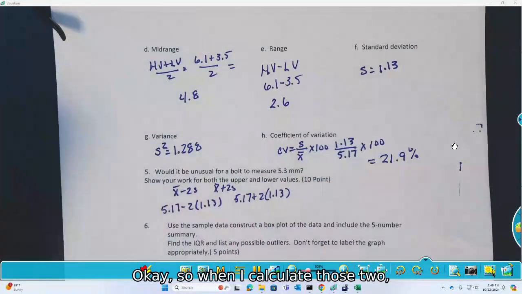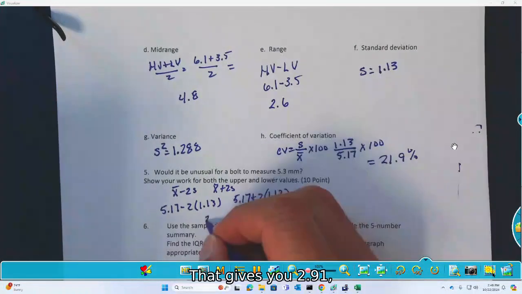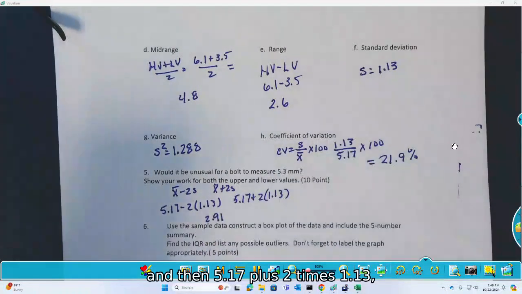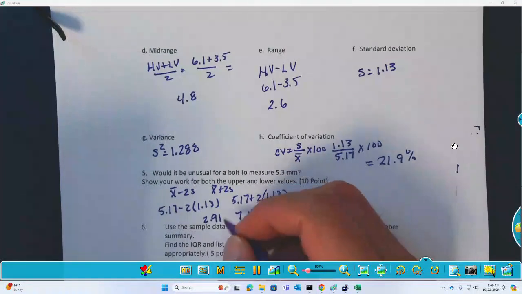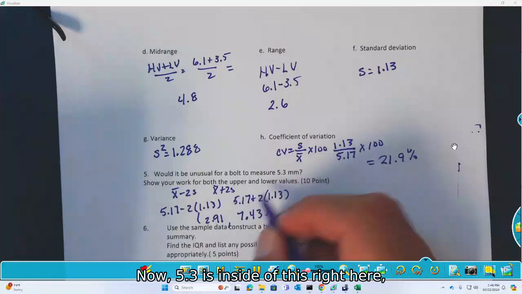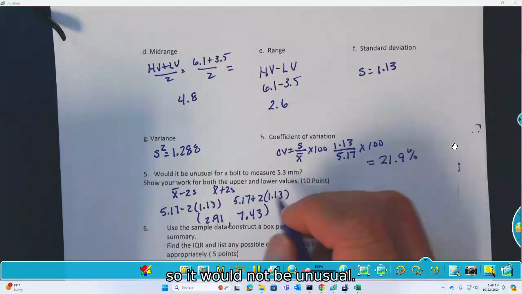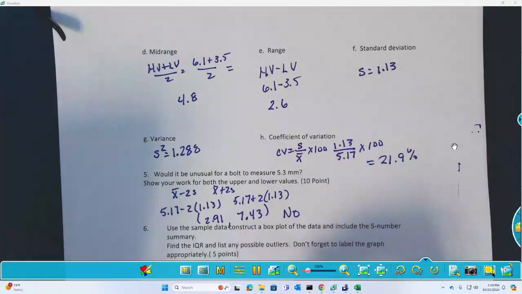Okay, so we're going to calculate those two. 5.17 minus 2 times 1.13 gives you 2.91. And then 5.17 plus 2 times 1.13 gives you 7.43. Okay, so you're going from here to here. Now, 5.3 is inside of this right here, so it would not be unusual. So no, it would not be unusual.